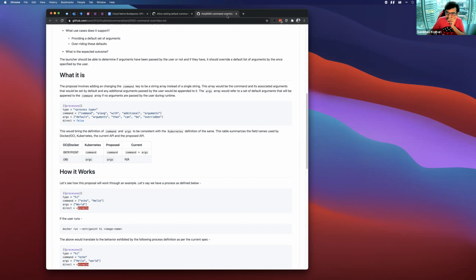I guess the only other parallel I have to compare this with is Docker, and Docker also comes with both forms of entry points. It comes with a shell entry point, and it comes with a normal, direct entry point.